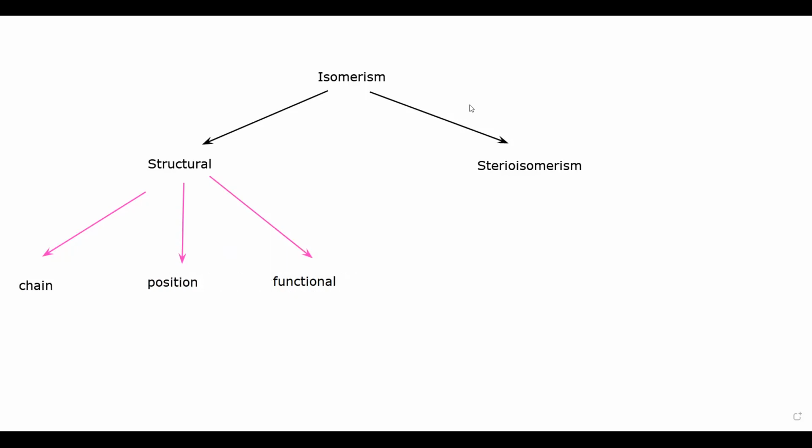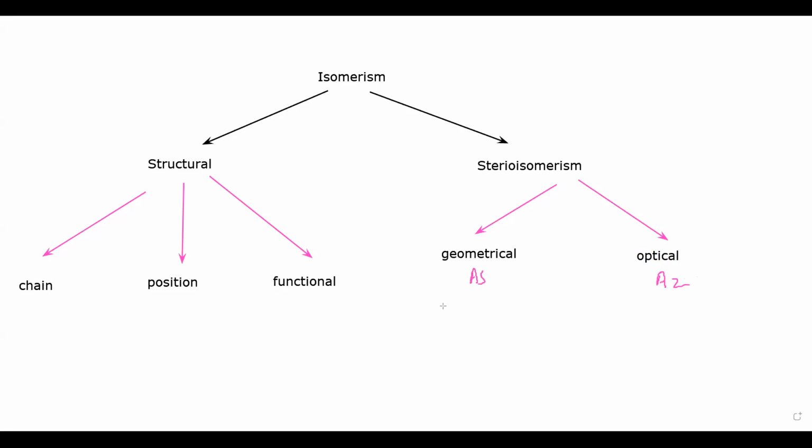Stereoisomerism is divided into 2 classes. One is known as geometrical, another one is known as optical. Optical we'll discuss in A2, so you don't have to study it, but geometrical you will study in AS.